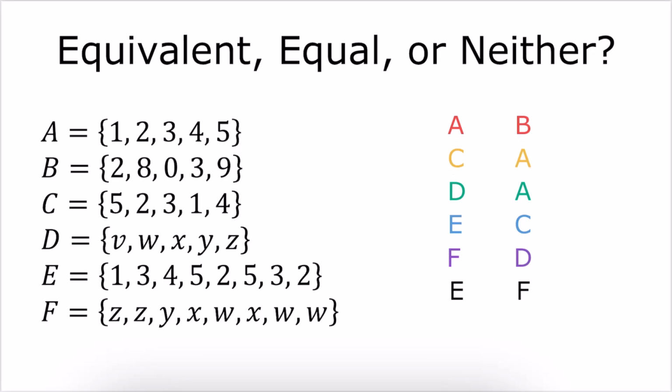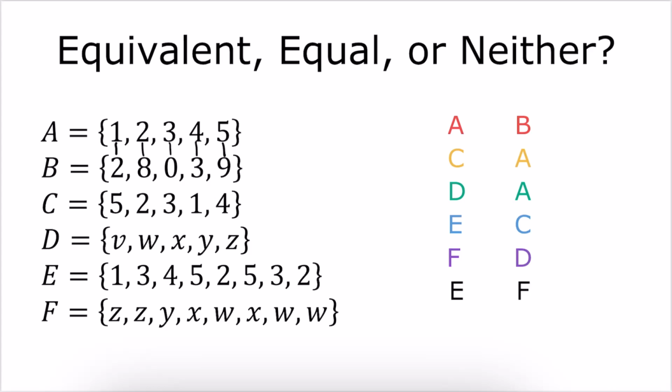Okay, so let's start by looking at sets A and B. On sets A and B, I'm looking for a one-to-one correspondence between these two sets. So I could say, well, I'm going to have 1 in A match up with 2 in B. 2 in A is going to match up with 8 in B. 3 will go to 0. 4 will go to 3. 5 will go to 9.